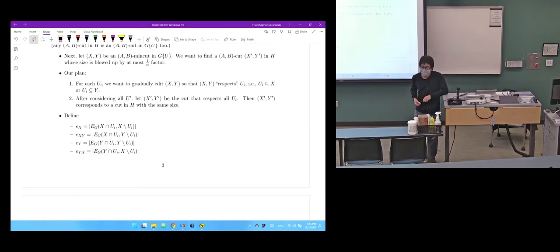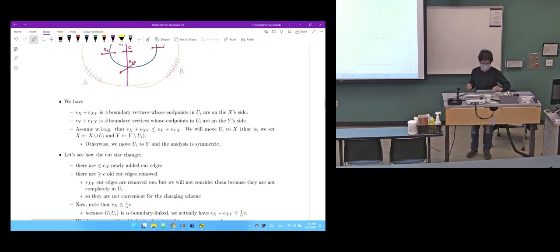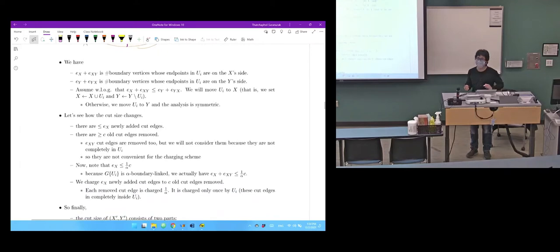If you go to the next page, in the analysis, in order to have this E_X at most C over alpha, this is related to how we choose A_i and B_i.